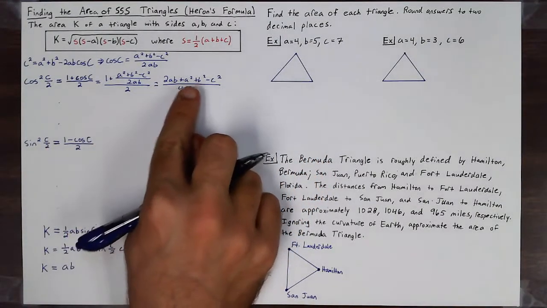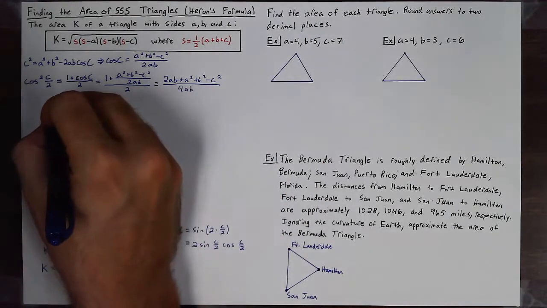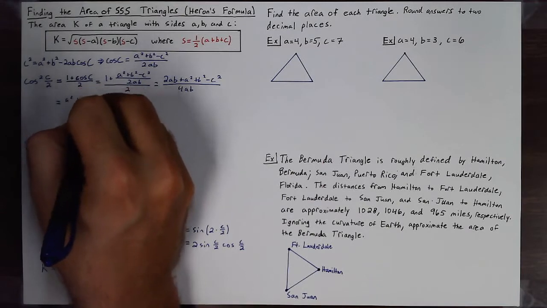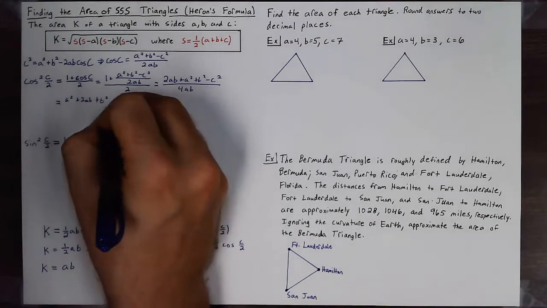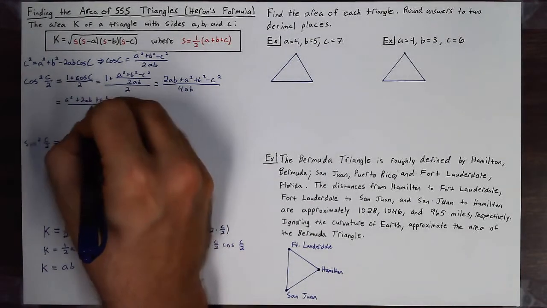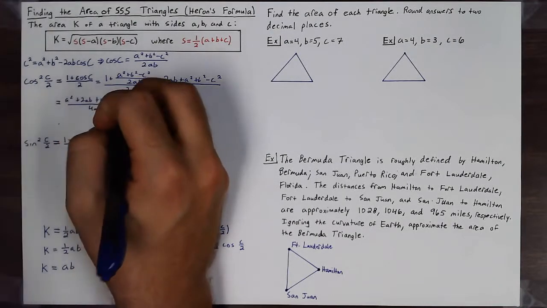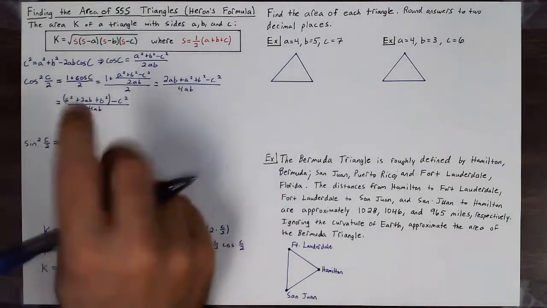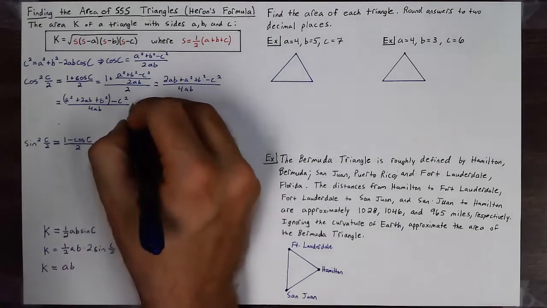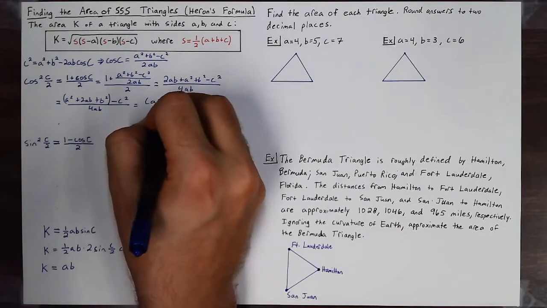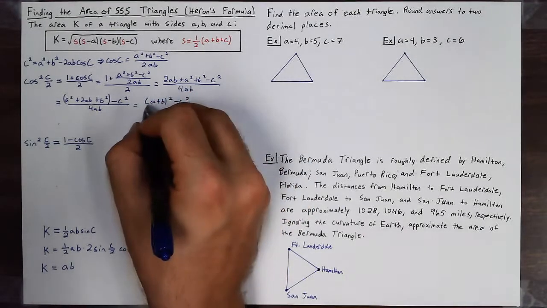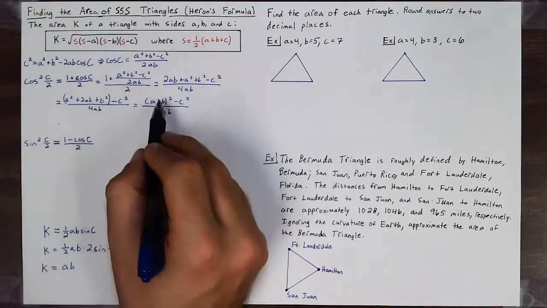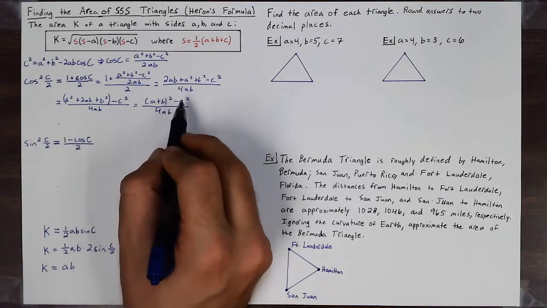And now I'm going to rearrange my numerator terms to be a squared plus 2ab plus b squared minus c squared all over 4ab, where a squared plus 2ab plus b squared is a perfect square trinomial. So that factors into a plus b squared minus c squared all over 4ab, which again, now I have two perfect squares being subtracted, which is a difference of squares.